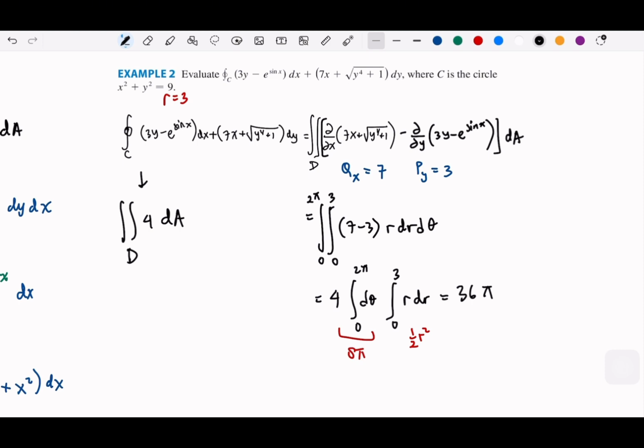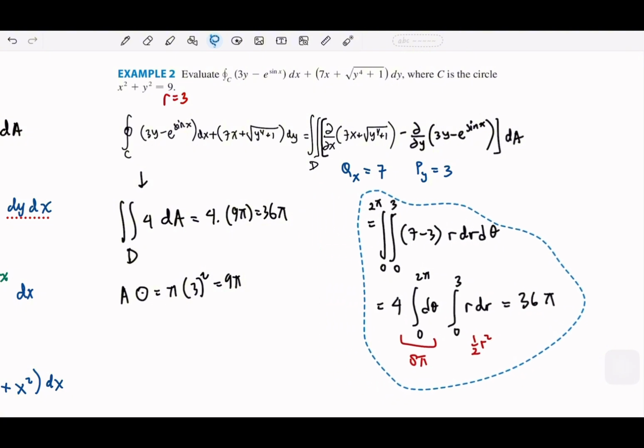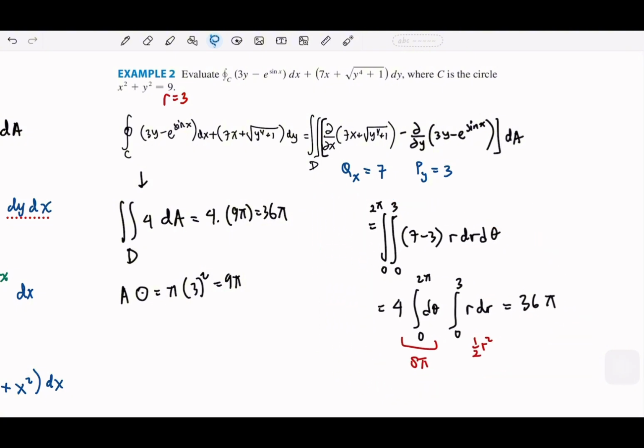The circle has a radius of 3, which means the area of the circle itself is pi times 3 squared, which is 9 pi. So we could get this and just multiply with 9 pi, and then 36 pi. So no need for using the double integral in polar. We could go directly to calculating the area of the circle and multiply with the 4, right?